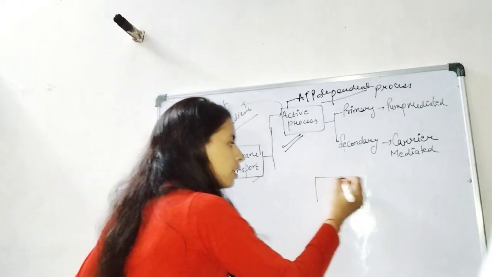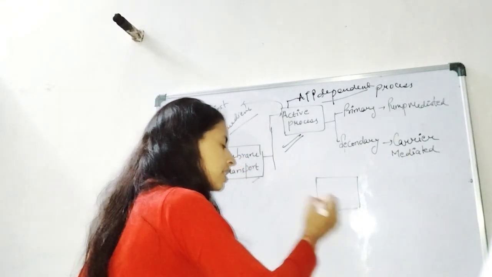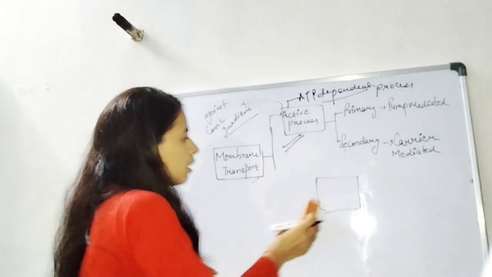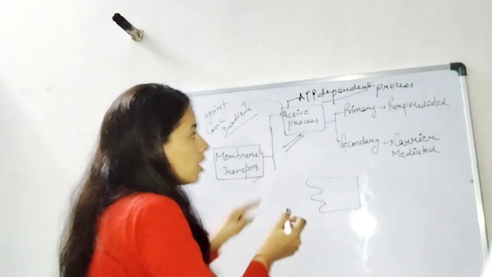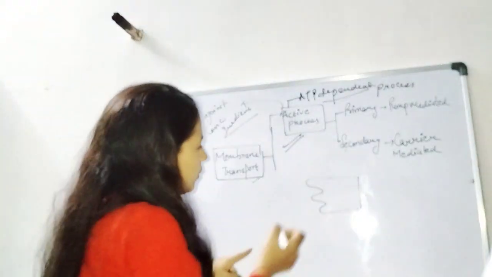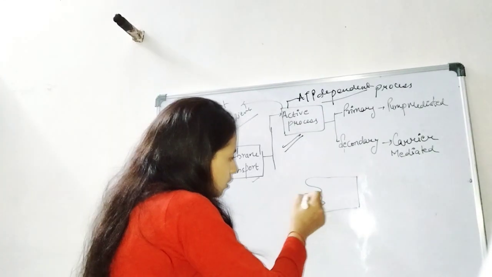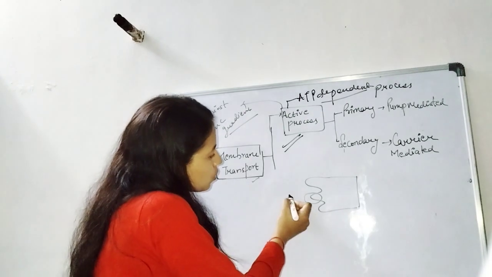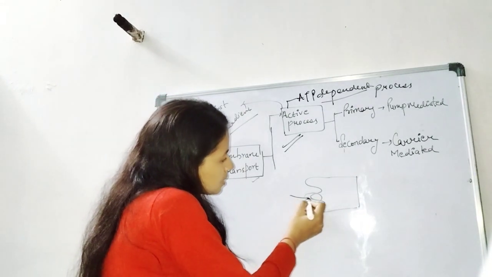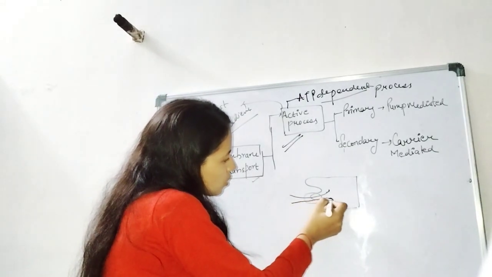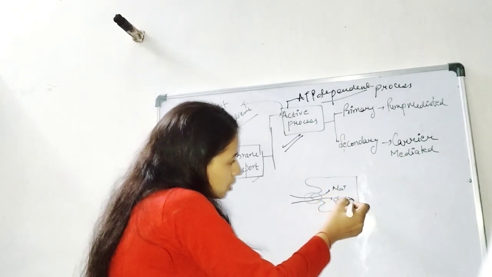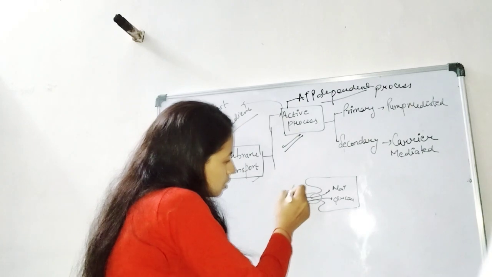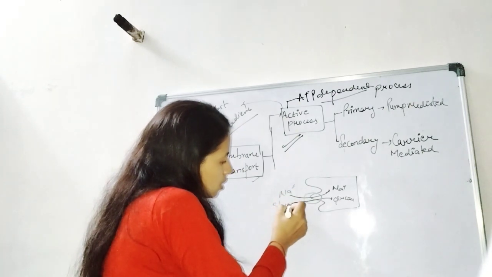There is a membrane or a cell. Here the sodium ions require a carrier mediated process. This is the carrier. When the sodium ions move inside the cell, glucose also moves along with sodium ions inside the cell.